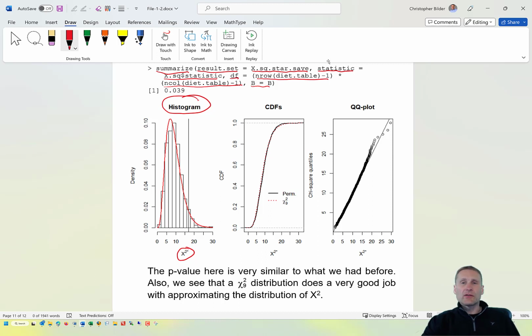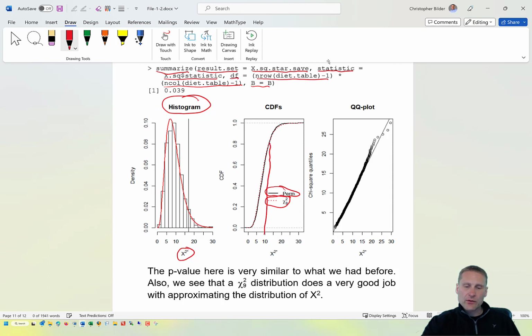We could also then look at a cumulative distribution function. The chi-square 9 cumulative distribution function is in the red dots. The empirical cumulative distribution function is what's shown in black. This is for the permutation distribution itself. Just to review what an empirical CDF, or ECDF, represents, here's X squared star 10.